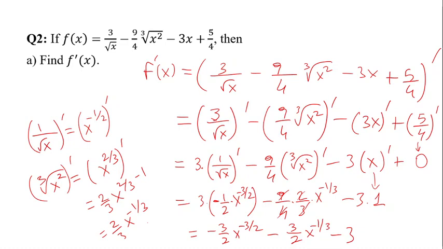If you want to write them as the cube root or square root, or with the positive exponent, we can write, no problem with that. But this is accepted as an answer. If it doesn't say write them in positive exponents, leave it as it is.